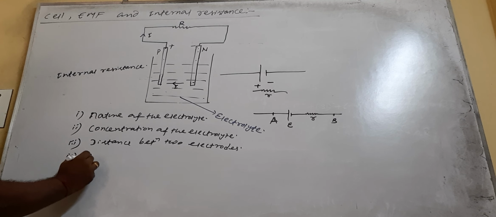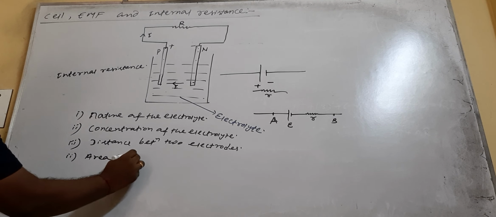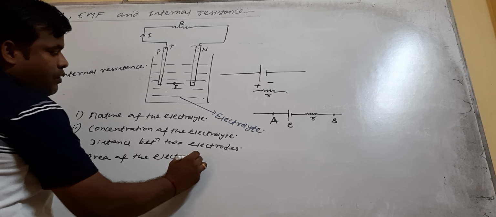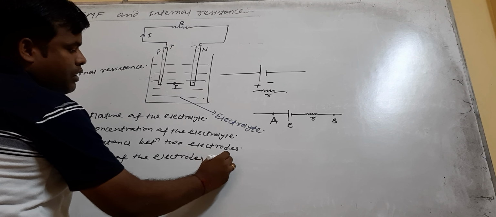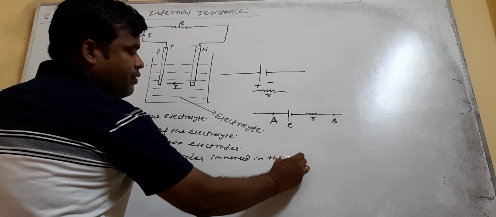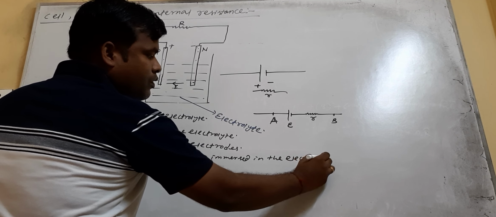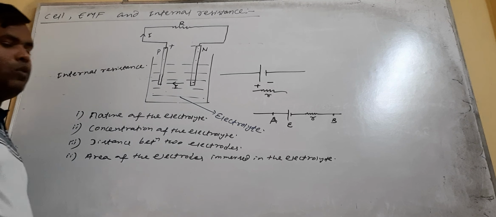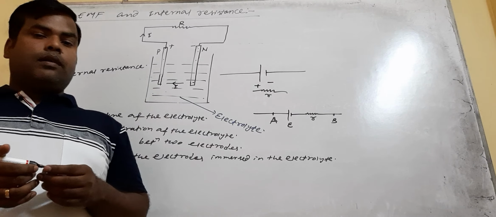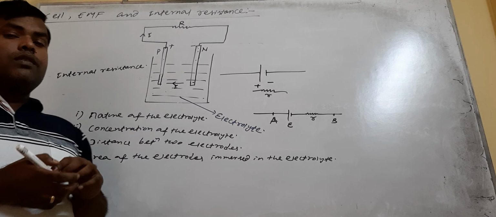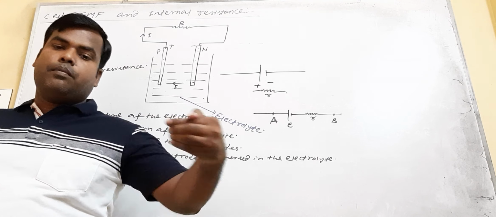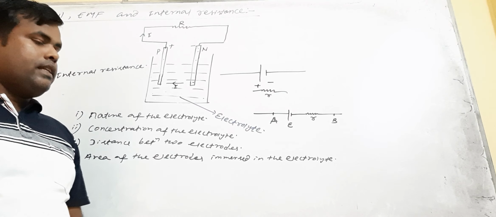Then the area of the electrodes immersed in the electrolyte. The more the area of the electrode dipped into the electrolyte, the more charge carriers pass through the electrolyte.